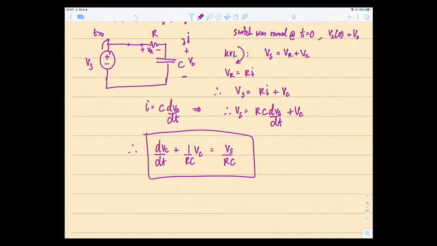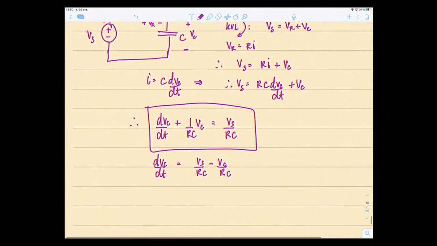So I'm going to start doing this. Let's go: dVc/dt equal to Vs over RC minus Vc over RC. Or in other words, I can write it as minus (Vc minus Vs) over RC.